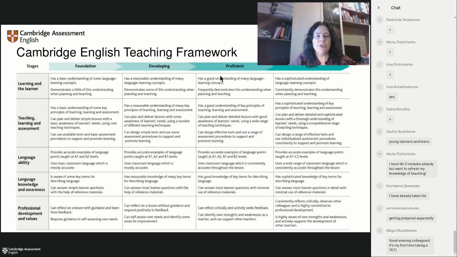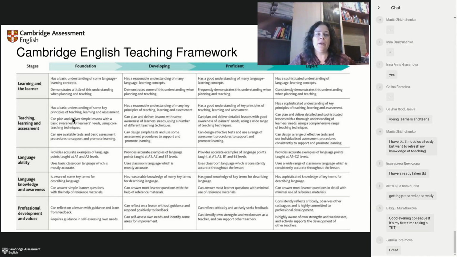At the foundation stage, a teacher has started to develop a basic understanding of language learning concepts. They are aware of some of their learners' needs and characteristics related to first and second language acquisition. So that can help them in their work. And of course, that will affect other areas in a good way.